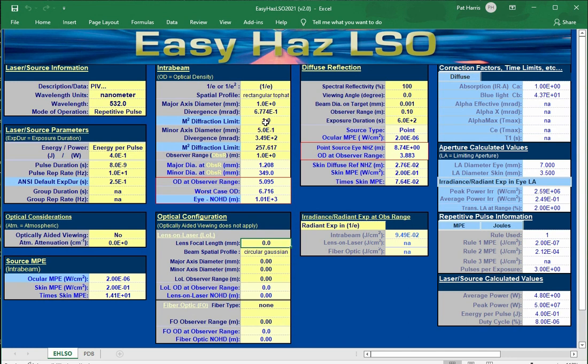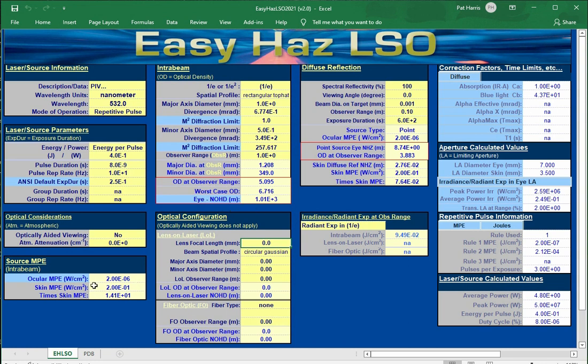And we're not really spreading one axis very far at all. So let's look at the peak power. You have 50 megawatts of peak power in that pulse. So yeah, this is going to be able to travel quite a distance and still be a hazard. And it's because of this pulse, right? And yeah, 50 megawatts is a lot of peak power. So it shouldn't be a surprise what the NOHD is here.